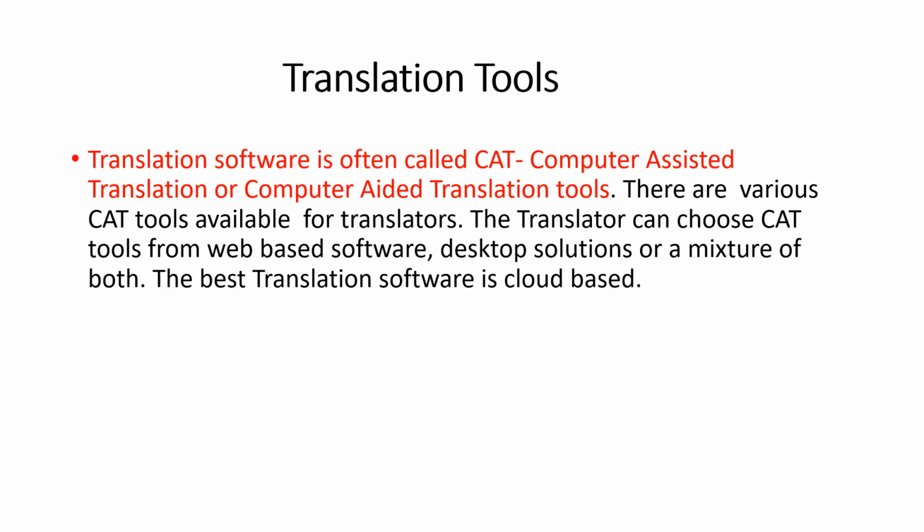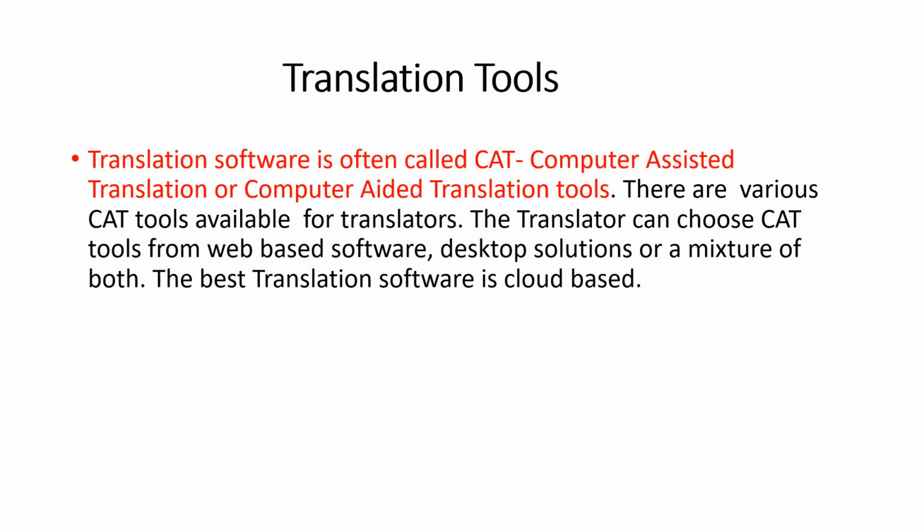Translation software is often called CAT, Computer Assisted Translation, or Computer Aided Translation tools. There are various CAT tools available for translators. The translator can choose CAT tools from web-based software, desktop solution, or a mixture of both.